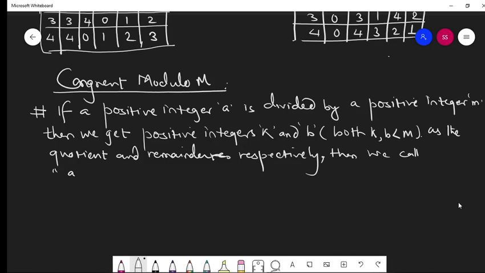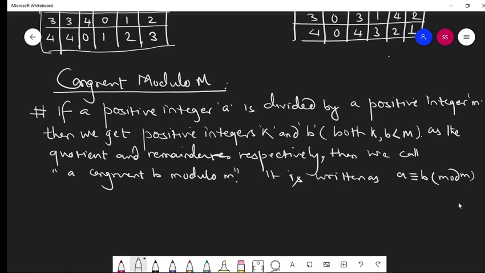It is written as a congruent b modulo m. Then we can clarify a by m equals k, that implies a is divided by m k times and subtracting, the remainder is b, and it is simply written as a congruent b mod m.